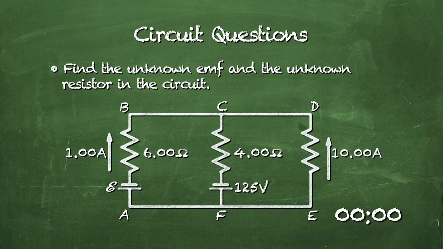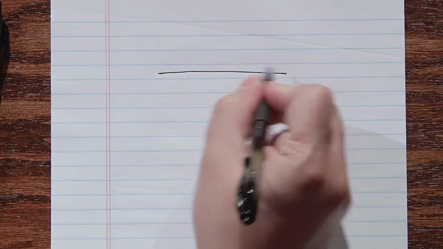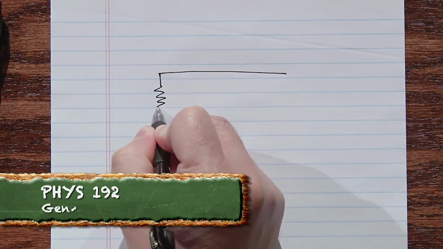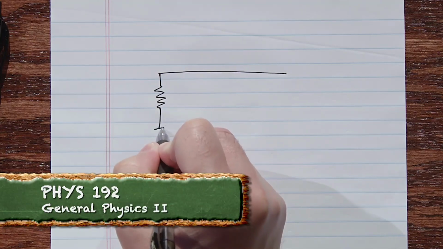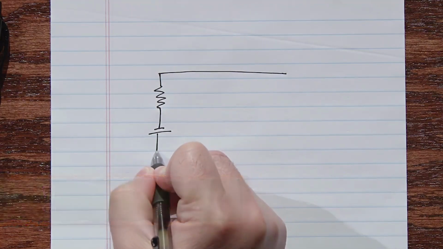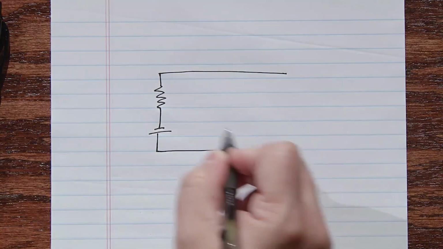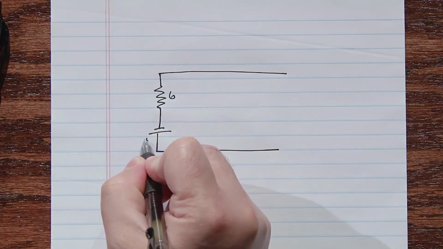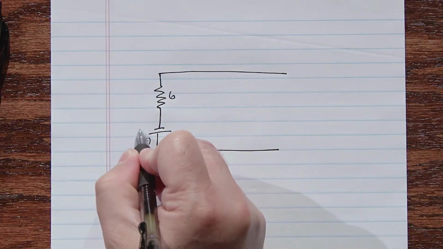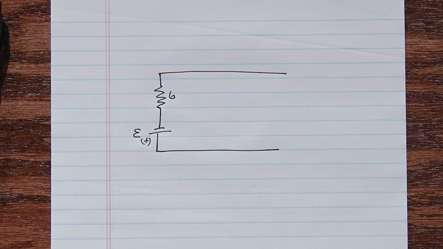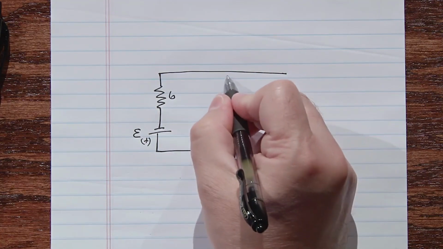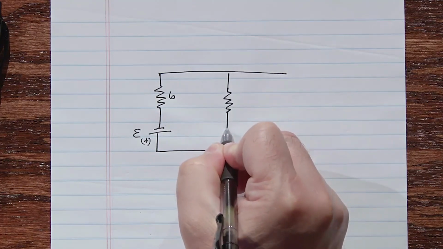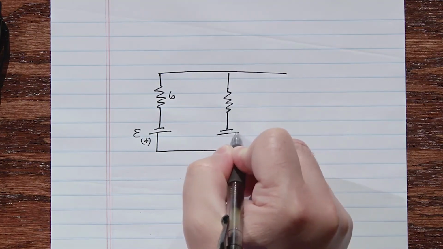Okay, let me draw the circuit. Draw that line across the top. And then we have a resistor and a battery. And the resistor has 6 ohms. The positive side of the battery is here. It has an EMF of E. We don't know what that is. We have a resistor and a battery in the middle.